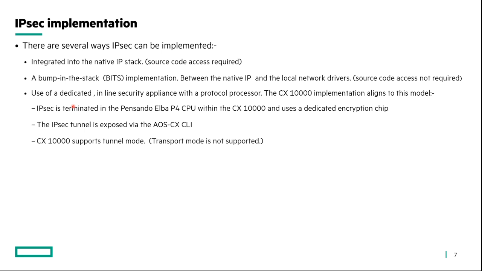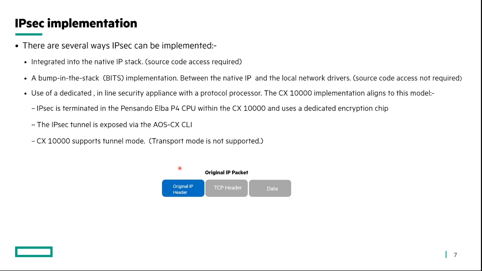The IPsec flow is terminated on the Pensando Elba P4 CPUs within the CX 10.12 using a dedicated encryption chip. The IPsec tunnel itself is exposed with the AOS-CX CLI for configuration purposes, and as I mentioned earlier, the CX 10.12 supports tunnel mode only.